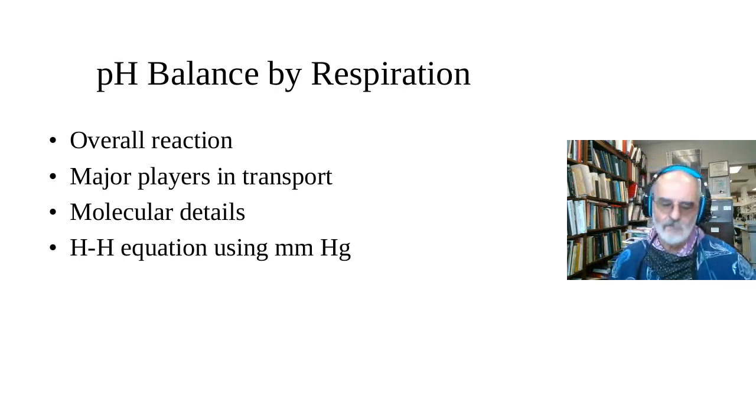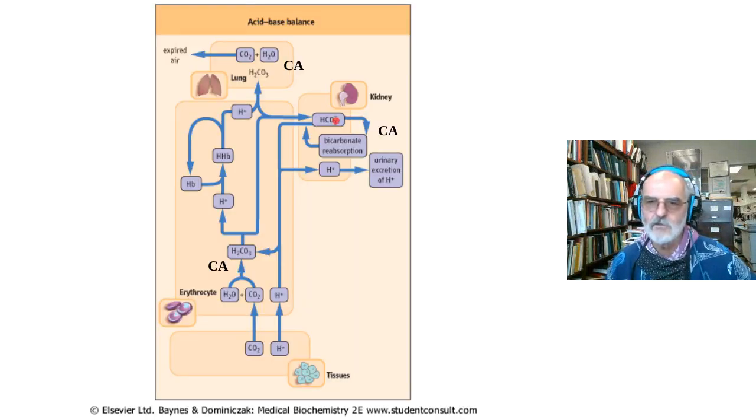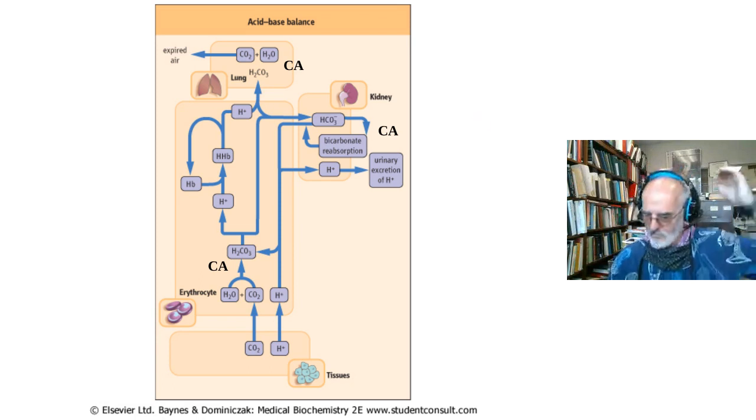Okay, so let's begin by talking about pH balance in respiration, what the overall reaction is, who are the major players, molecular details, and how we use Henderson-Hasselbalch in terms of CO2 as a gas, millimeters of mercury. Okay, so here's one rendition.